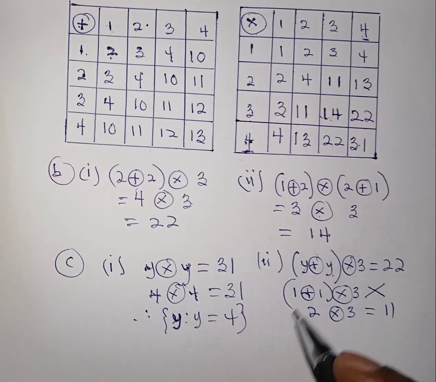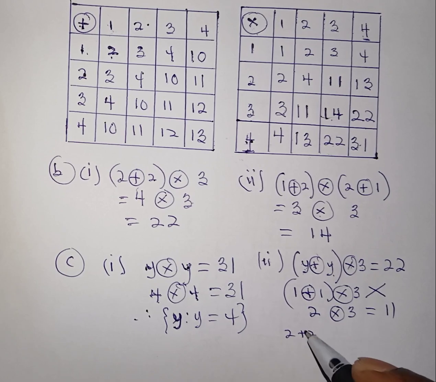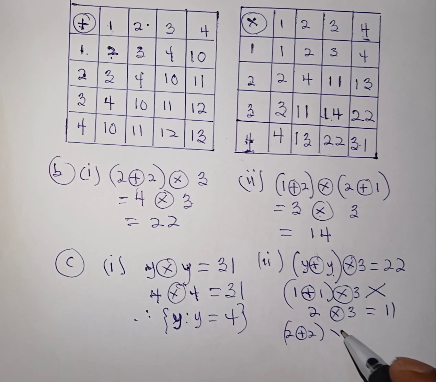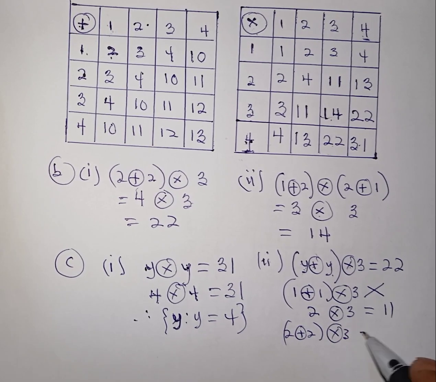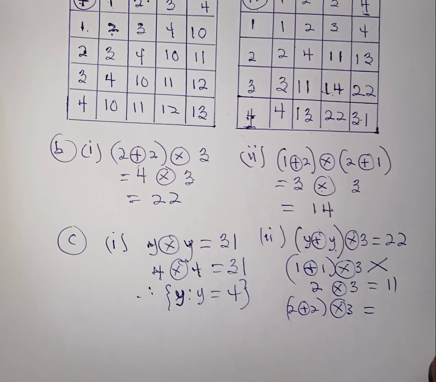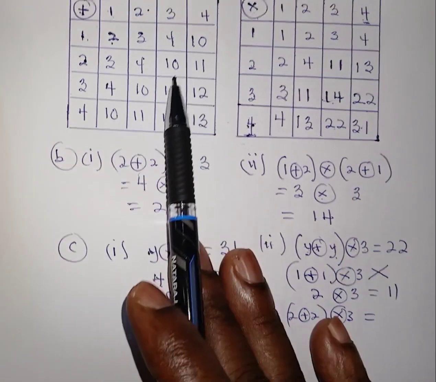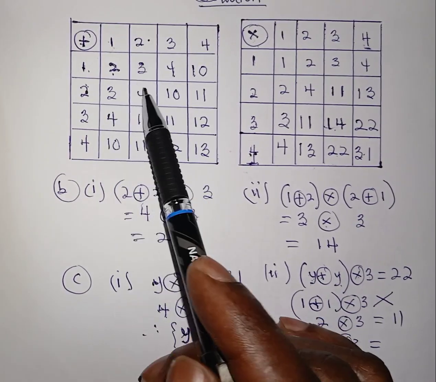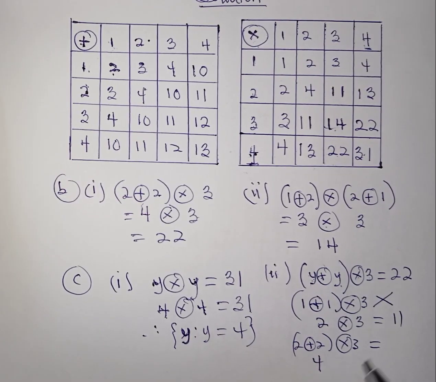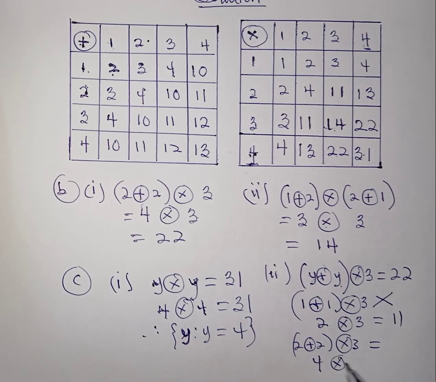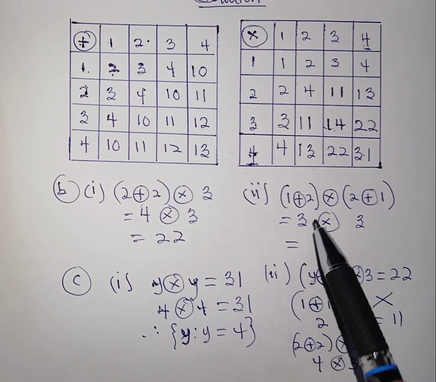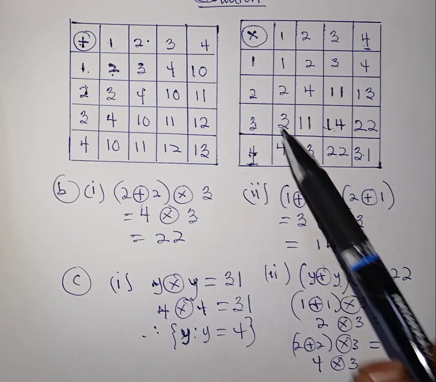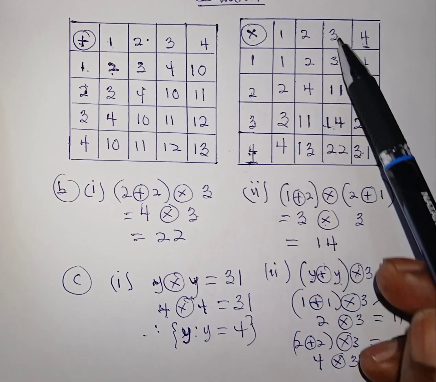Then we test for 2, 2. So for 2 plus 2 times 3, let's see what answer we are getting. So on the table, 2 plus 2 also gives me 4. Times 3. Then I'll go to the multiplication table. What is 4 times 3?